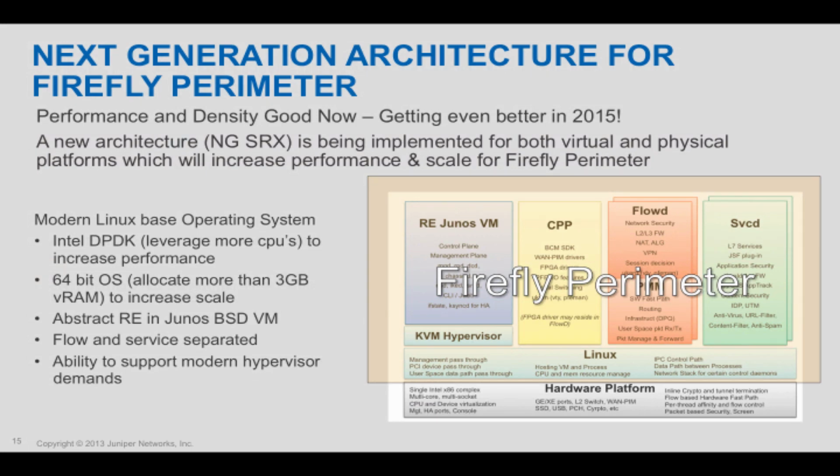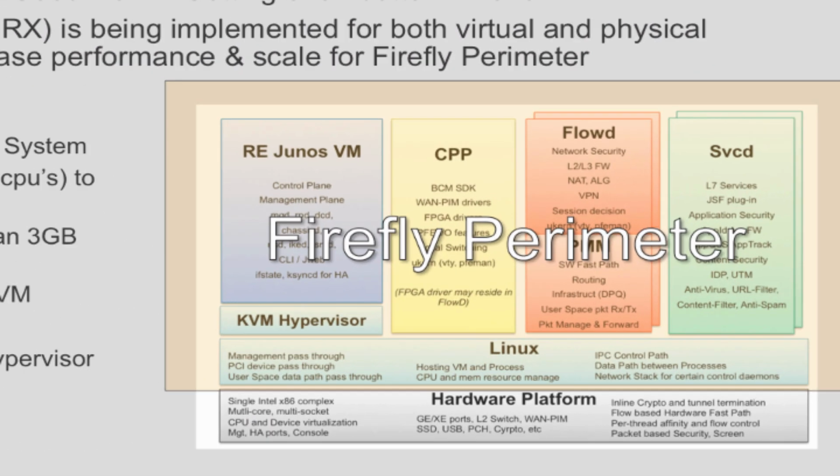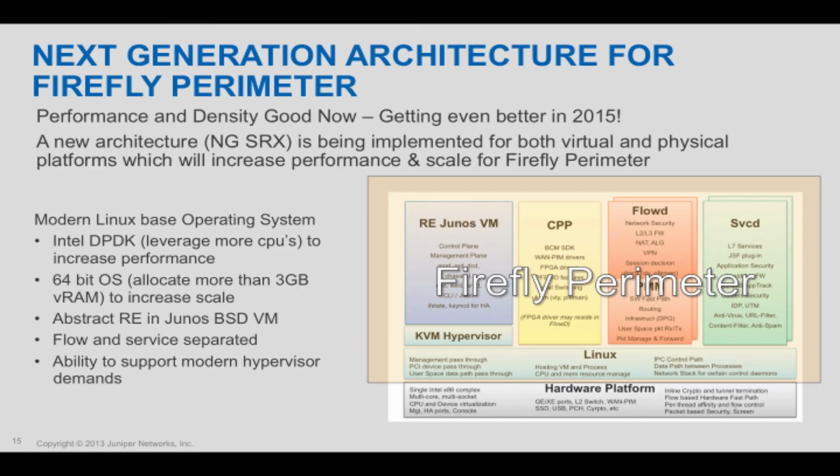Even with that said, I mentioned we're always looking to push the boundaries on these things, and in order to take a jump in scale and also to be able to leverage multiple CPUs, Juniper's working on what we internally codename Daybreak, but for the outside world, it's really the next generation platform, and this is on both a physical and a virtual path.